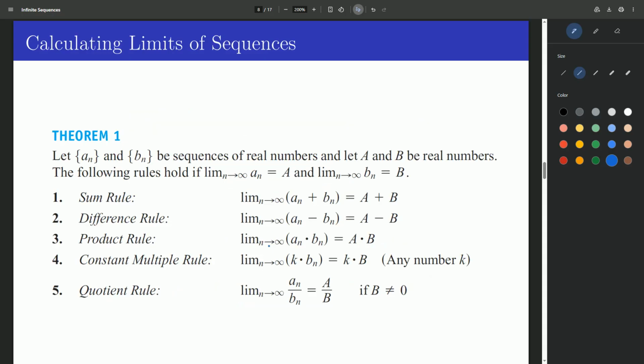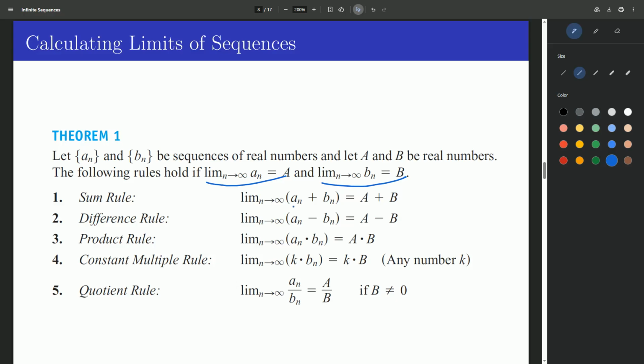Since we define a sequence as a function, all the theorems that we studied for functions can be used for sequences as well. For example, the limit rules: sum rule, difference rule, product rule, constant multiple rule, and quotient rule that we defined for limits of functions. Now for sequences a_n and b_n, if both sequences converge, then we can use these rules.